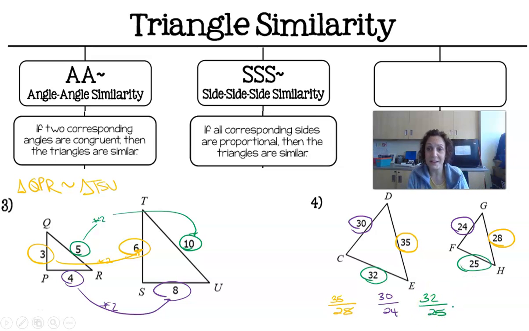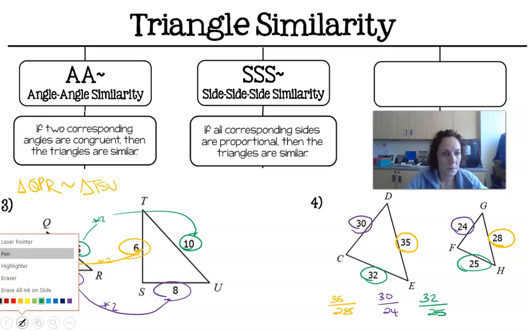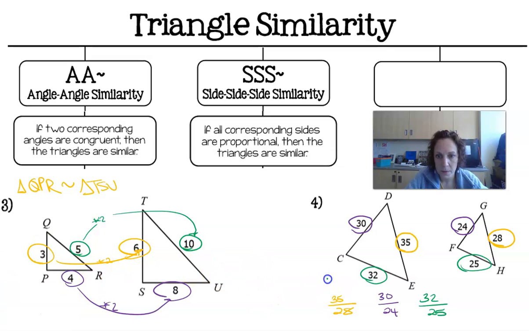Now I don't know about you, but I need a calculator to see if these are the same. Right? 35 over 28 is 1.25. Okay, 30 over 24 is 1.25.